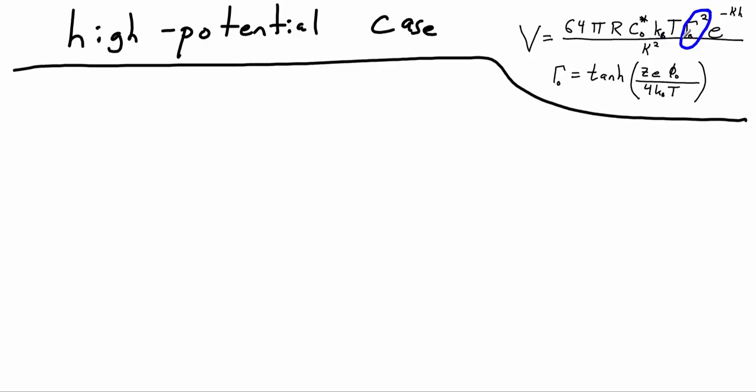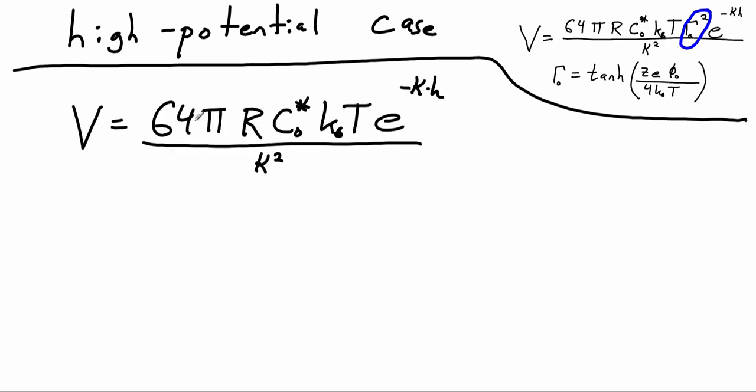We just noticed that this hyperbolic tangent we said was going to be approximately equal to 1, so we just set that to 1, and we have our result. And going through this, we have 64 pi times the radius of the particles times the number concentration of the salt, the thermal energy kT, e to the minus kappa, the inverse Debye length, times h, the face-to-face distance between the particles, over kappa squared.